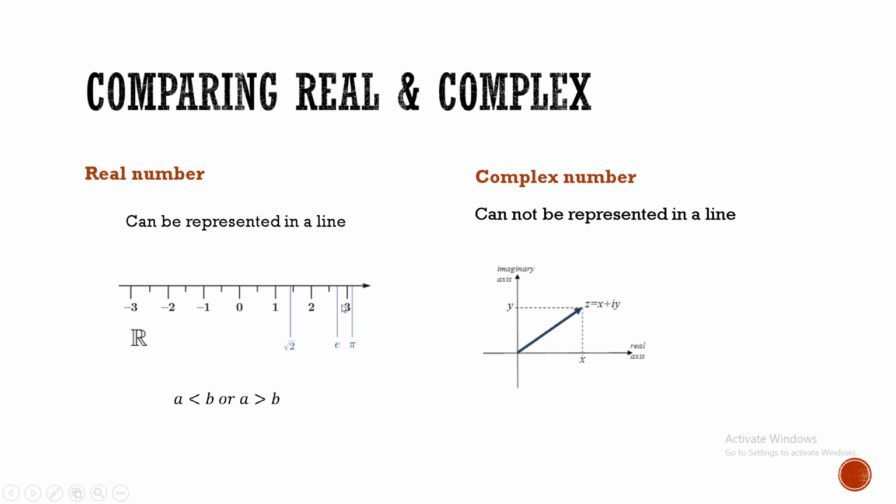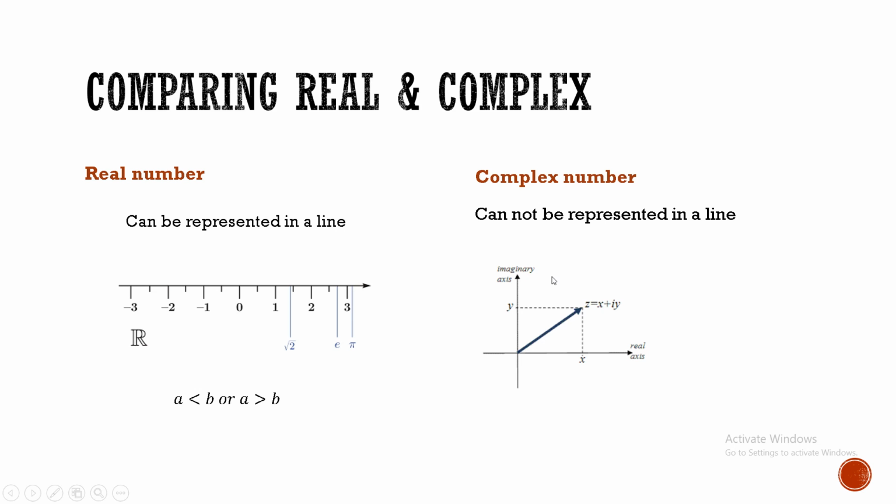Unlike a real number, we cannot represent a complex number on a line. We can represent a complex number only on a plane. This plane is called the Argand plane. So our complex number now becomes a point. We cannot say this point is greater than that point or that point is lesser than this point.